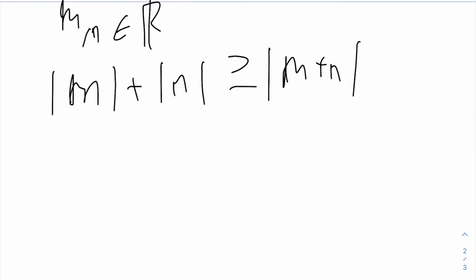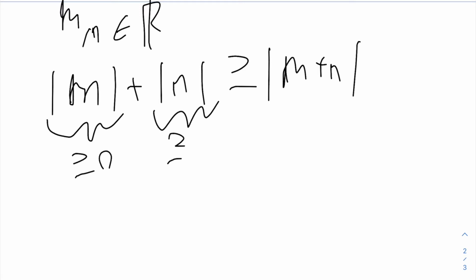So this is going to be useful for a proof, which you will see, and this holds true because we're basically adding the magnitudes of m and n, so these are going to be greater than or equal to 0. We're essentially adding positive numbers, or 0 if either of them is 0. And so this is going to be greater than or equal to adding them individually and then taking the absolute value, because when you add them individually, if one of them is negative, it kind of cancels out with the other number.